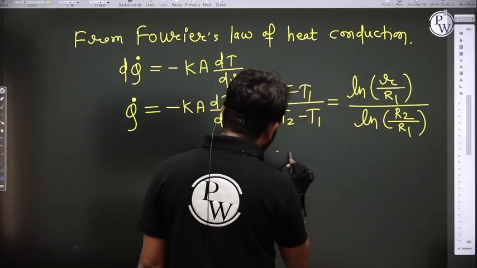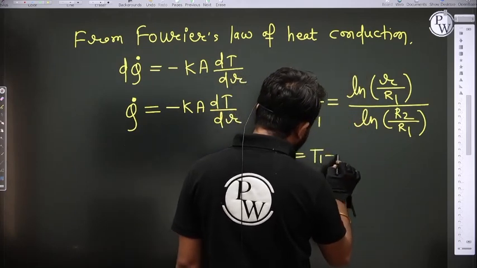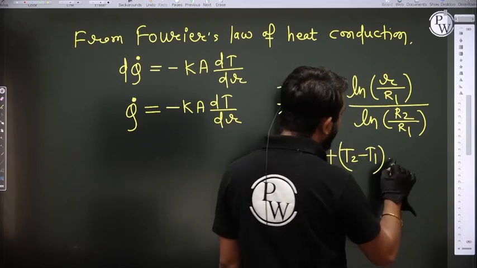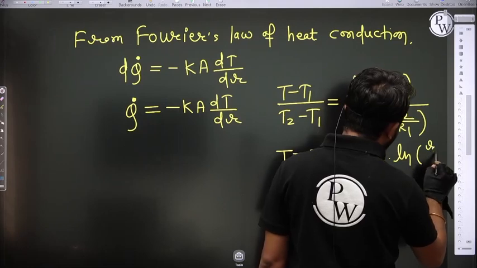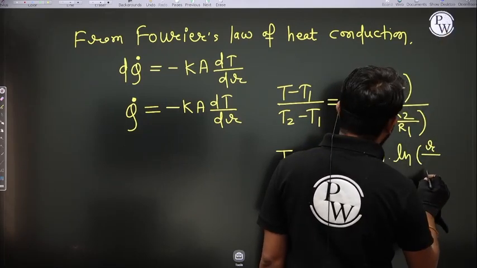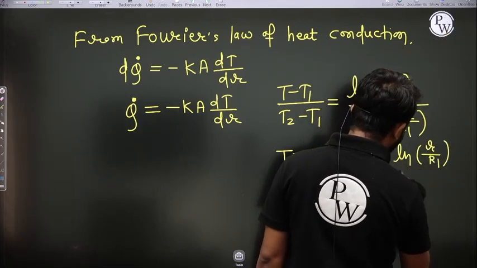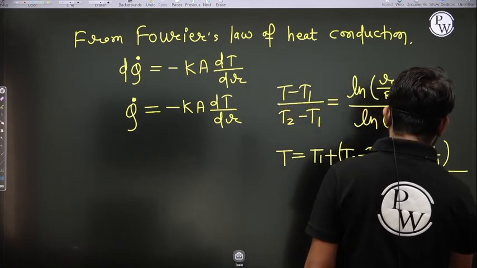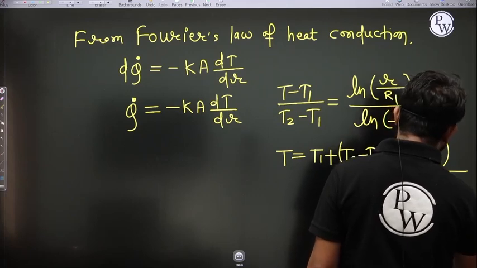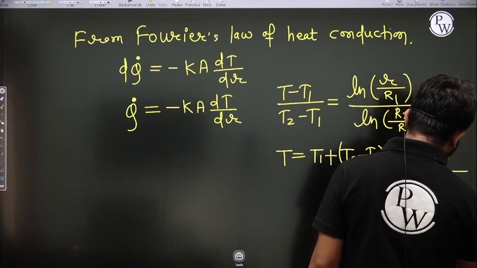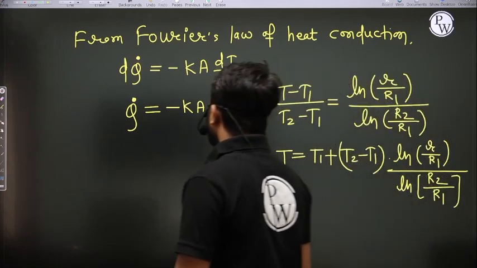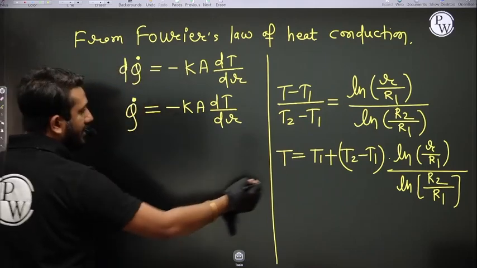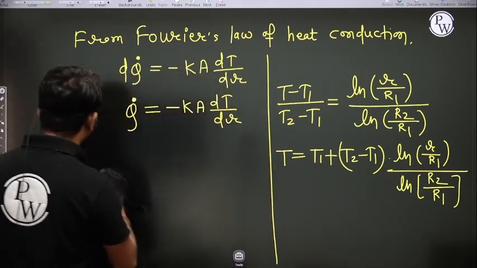So ultimately T is equal to T1 plus (T2 minus T1) times ln(R by R1) divided by ln(R2 by R1). Now find the dT by dr from here and put it here.